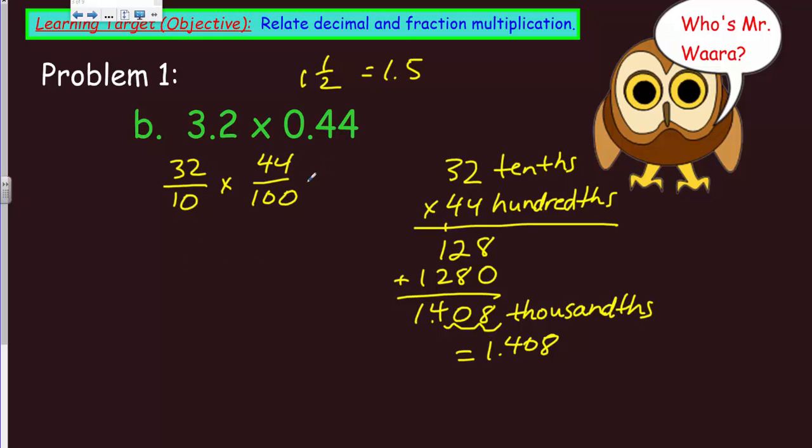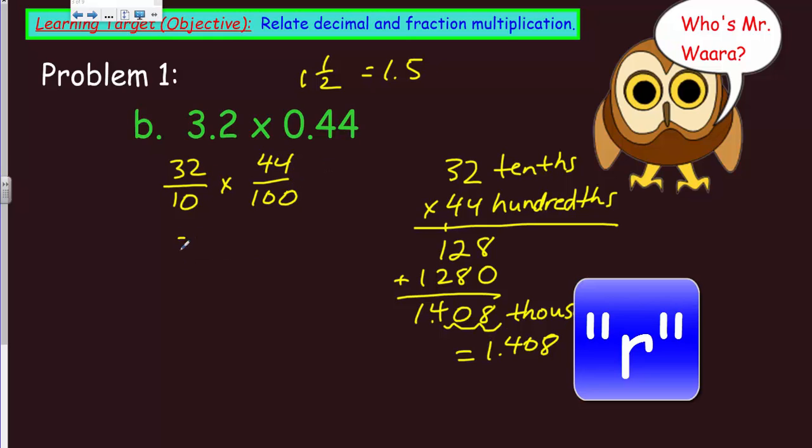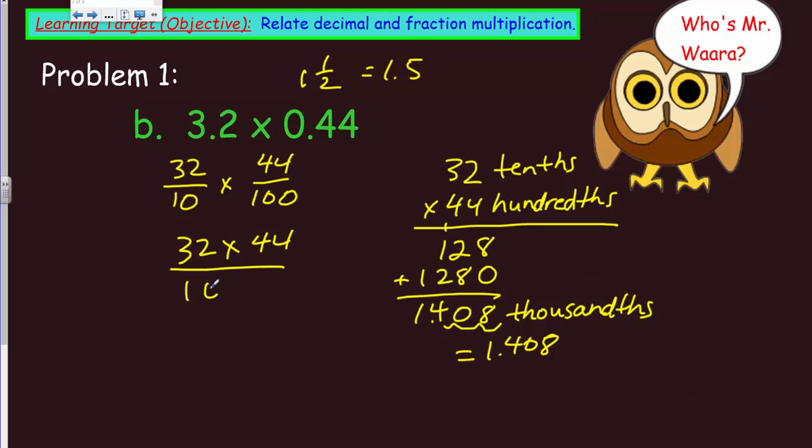We can keep showing this in fraction form. This would be the same as 32 times 44 over 1,000. We already determined that was 1,408 over 1,000, and just like we divided, this gave us 1.408, or 1 and 408 thousandths.